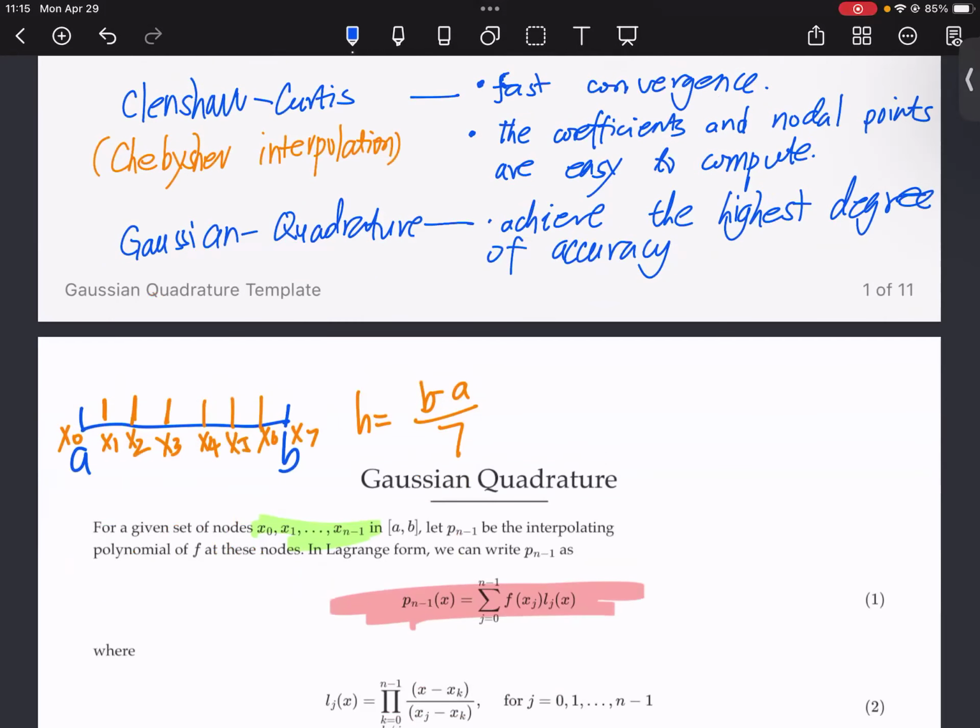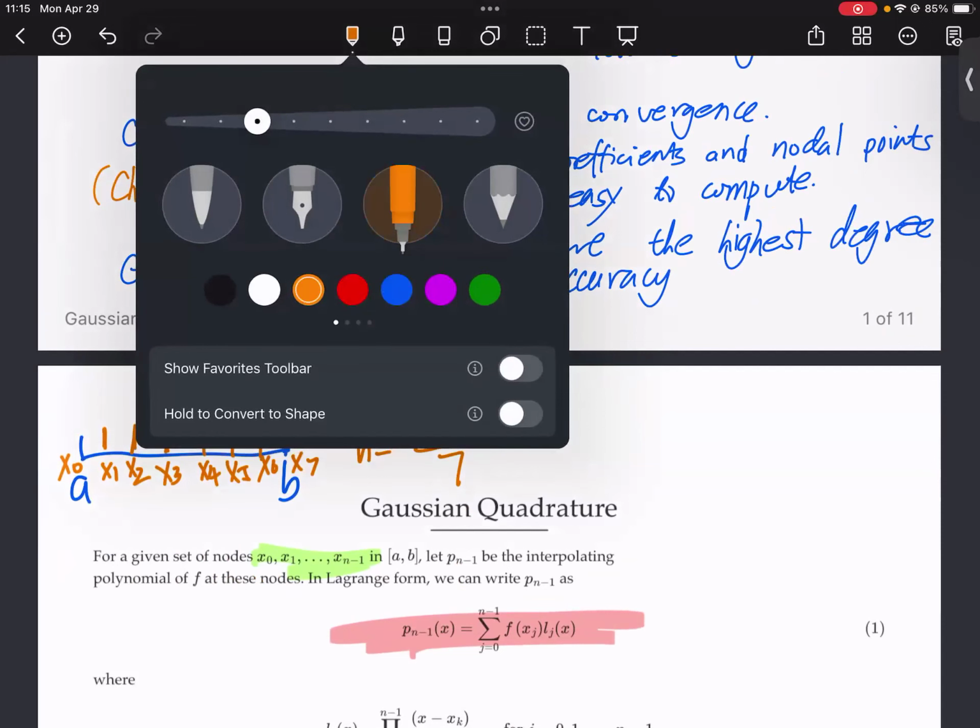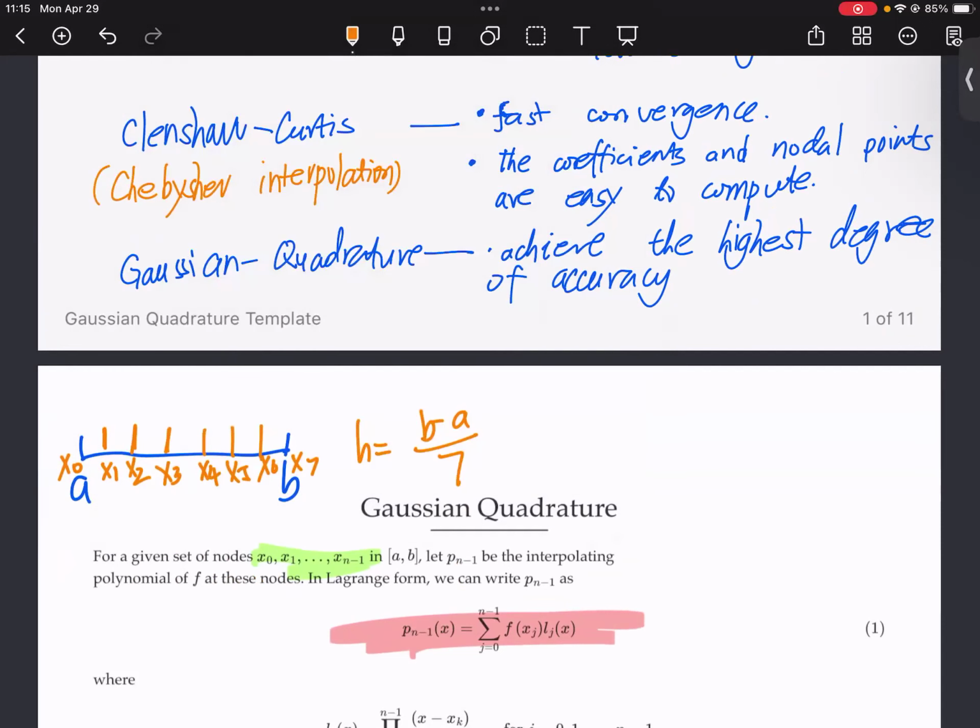And there's one more thing I want to point out here. That is the nodal points we are using here are of the Legendre type. I will mention it later on, and it is not equally distributed.